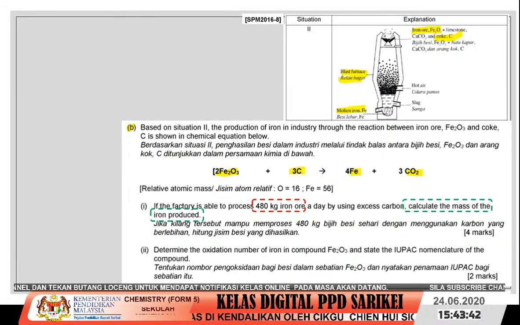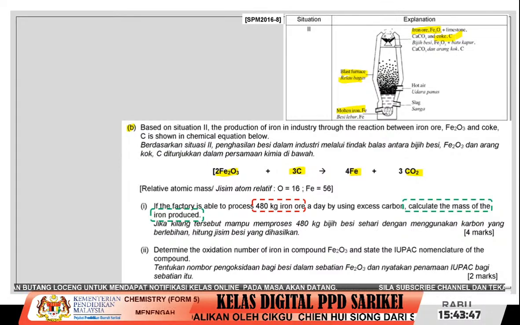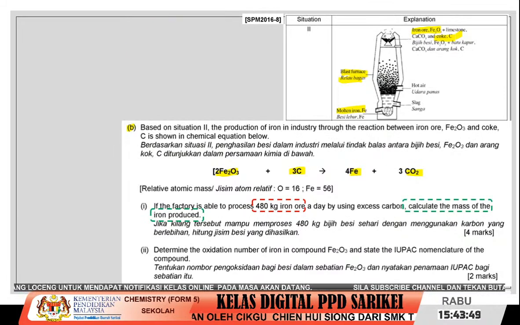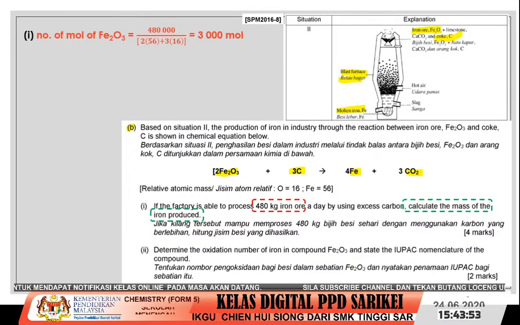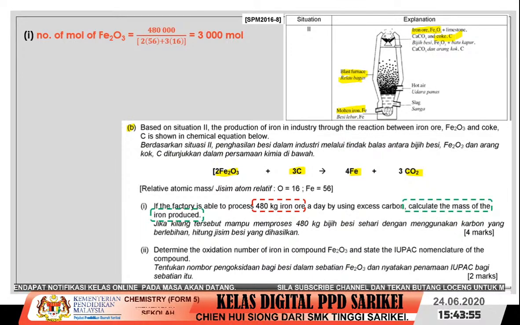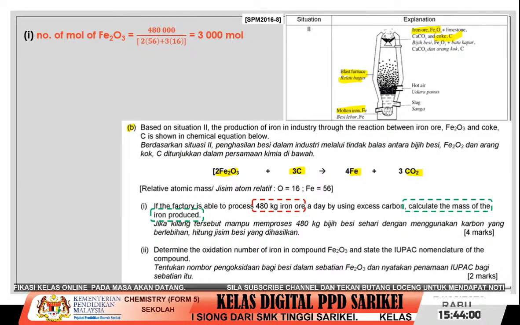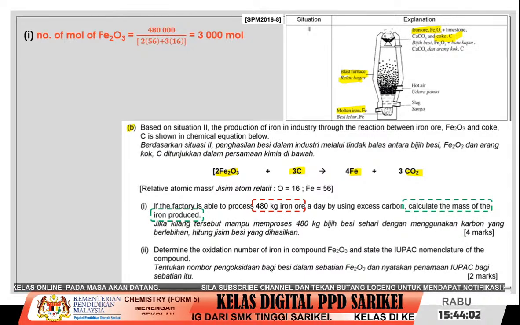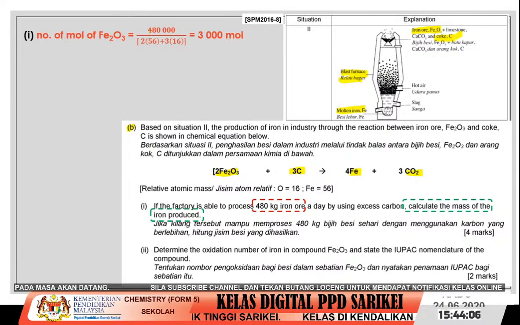First, step 1, you need to find out the number of moles of iron(III) oxide contained in 480 kg of iron ore. So we need to convert the unit of the mass from kilogram to gram. So 480 kg is equal to 480,000 grams.